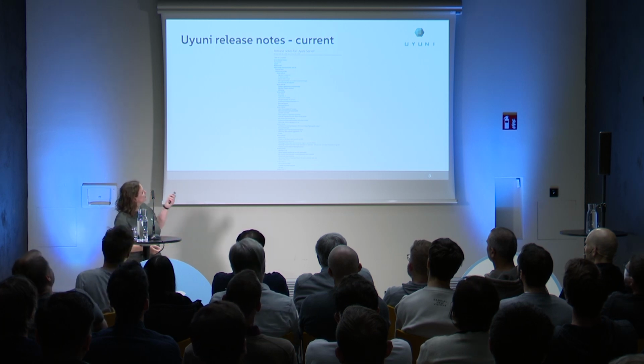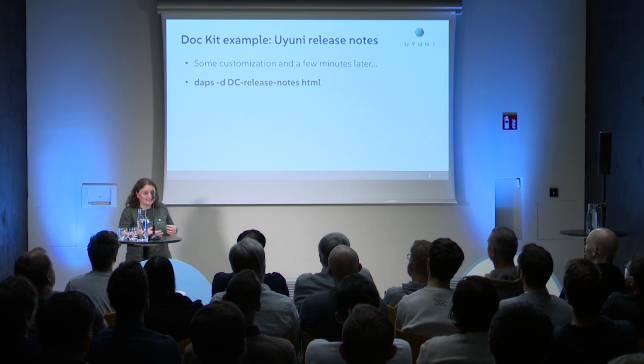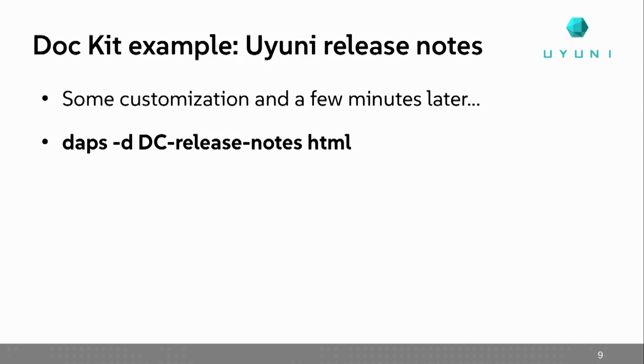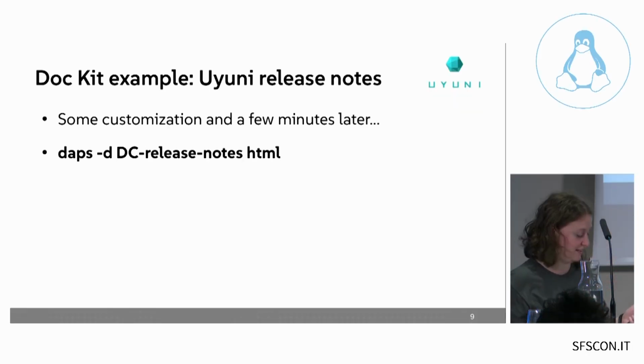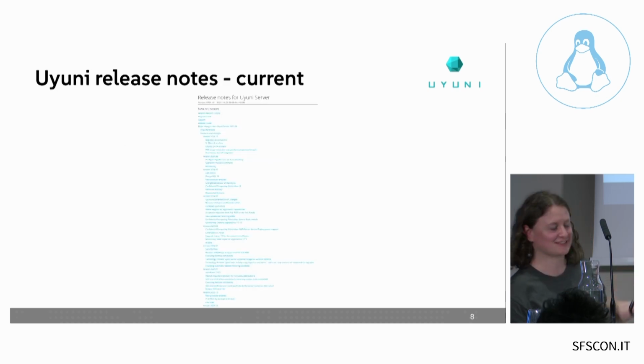So this is how things can be done with Dockit. I took the default configuration, I did some customization. In this case, I decided to do the rendering in HTML, because the existing release notes are published in HTML.